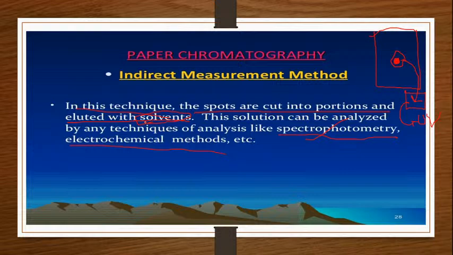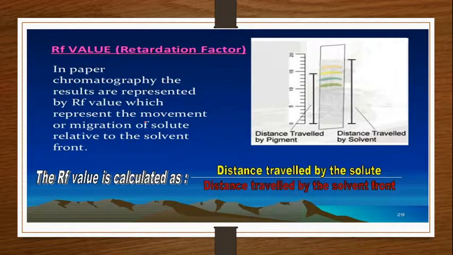So the direct and indirect methods are clear, but the most important and practically very important part of paper chromatography is the RF value or retardation factor. Remember, this has been asked many times in your exams. Even for practical purposes it is important to understand this RF factor.